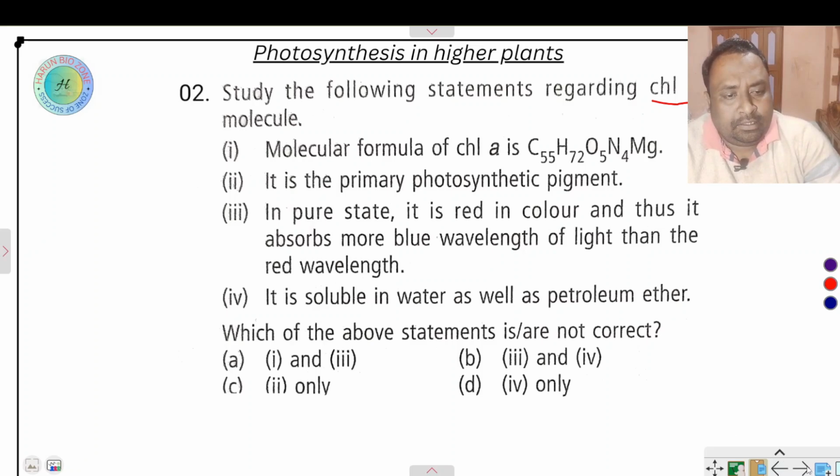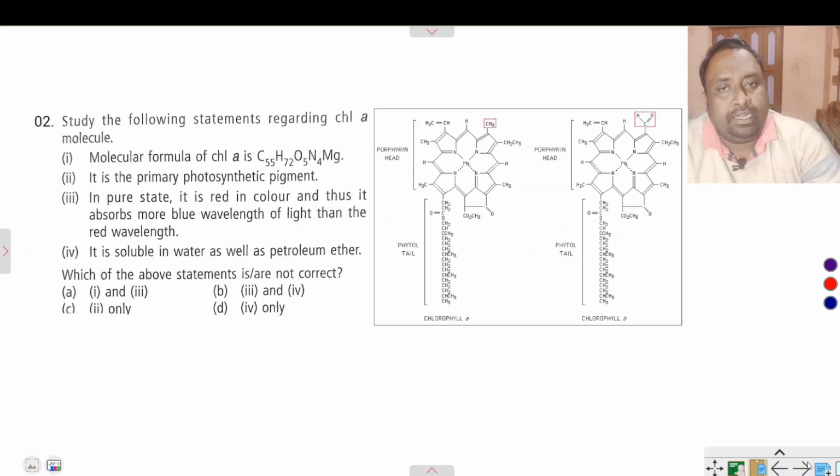So here is the nature of chlorophyll A. Firstly, this is the chemical structure of chlorophyll A and chlorophyll B. Chlorophyll constitutes two parts: a porphyrin head, the porphyrin ring, and a phytol tail, a hydrocarbon tail. The tail is hydrophobic in nature, but the head is hydrophilic.